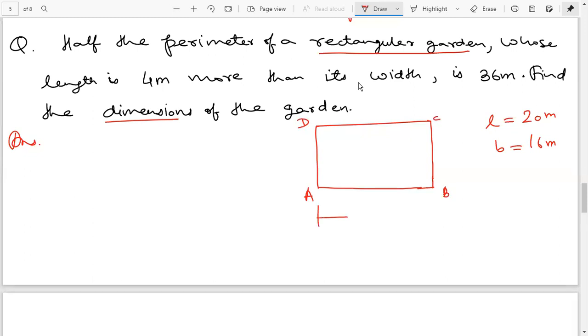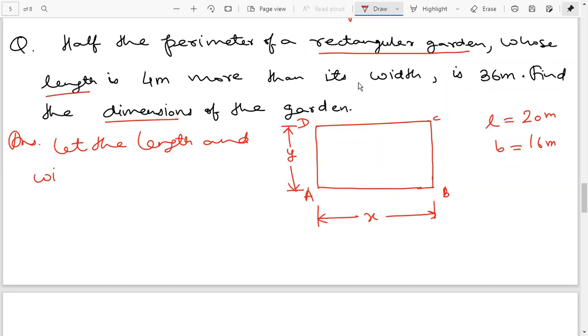This will be the length, which we can assume as x, not a problem. And this will be the breadth, or the width of the rectangular garden, which we can assume as y. So now, let the length and breadth, or width also. They have used length, then width, but we can also use width.